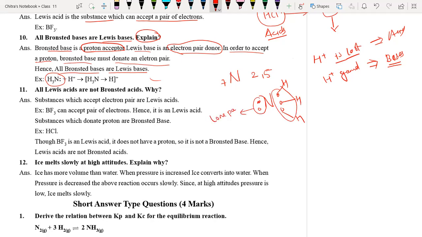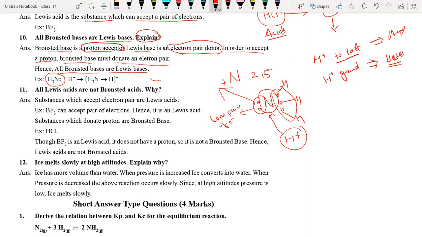But these 2 electrons of nitrogen are not forming bonds, so they are called a lone pair of electrons. Is it or not? So nitrogen has the capacity to donate these 2 electrons to other chemical species. Hence, it is an electron donor, but it may accept H positive ion.